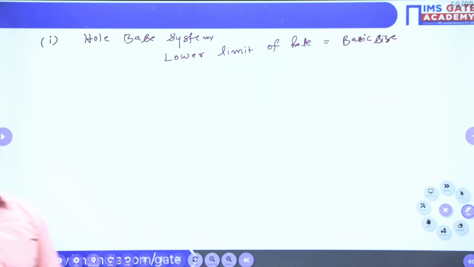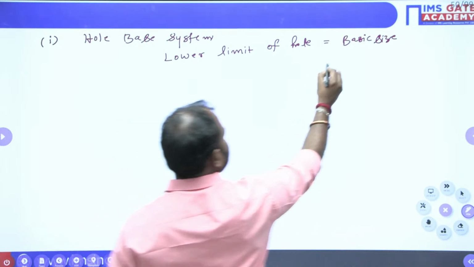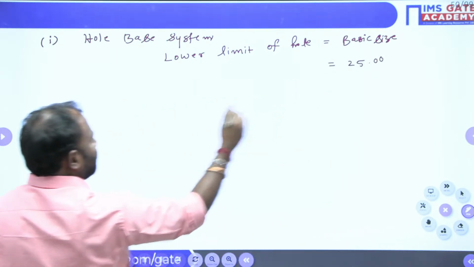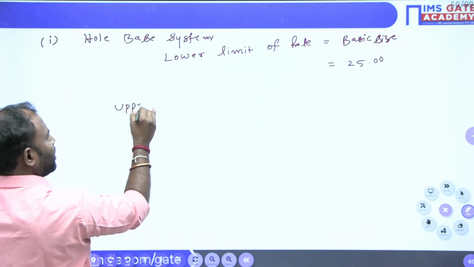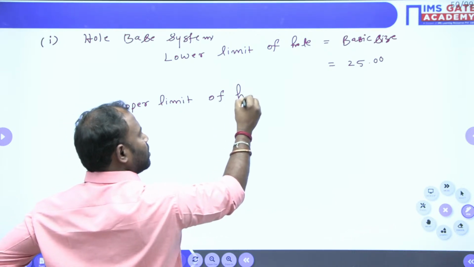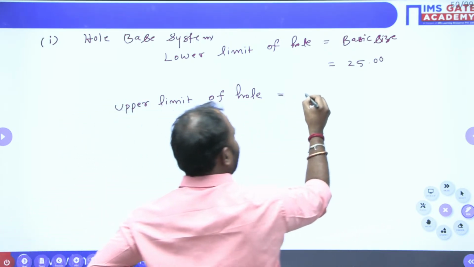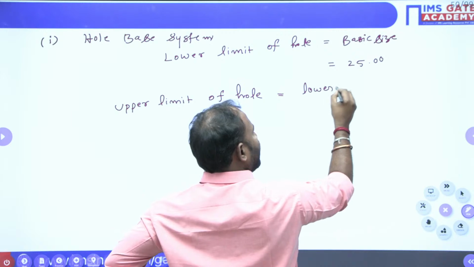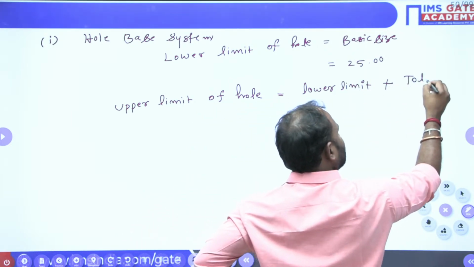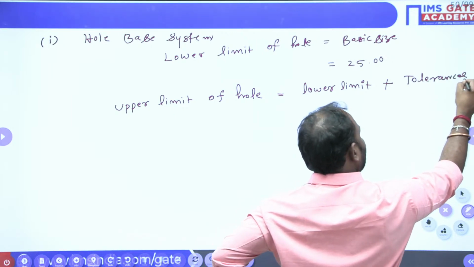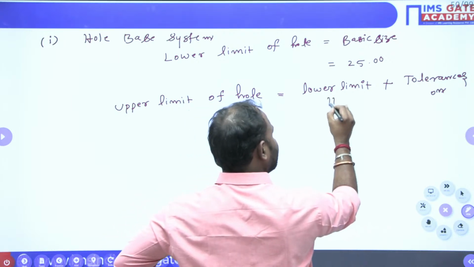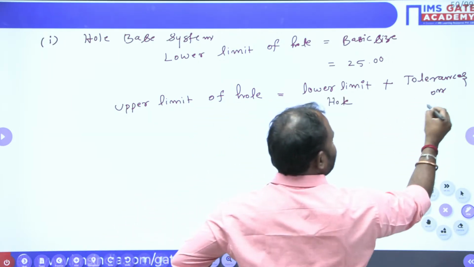Okay, right. What is the basic size? Lower limit of the hole is the basic size, 25.00. Now upper limit of the hole. Upper limit of the hole is equal to lower limit of the hole plus tolerance on the hole.